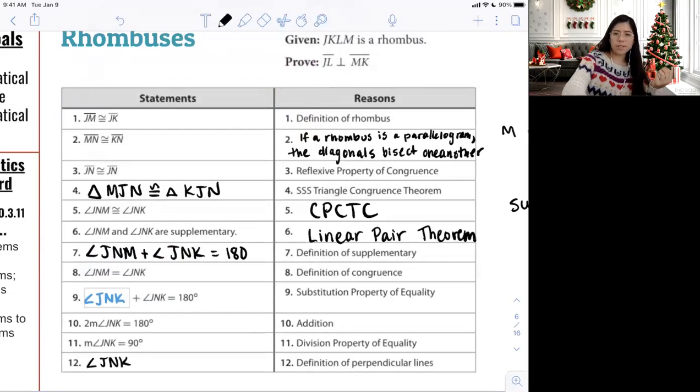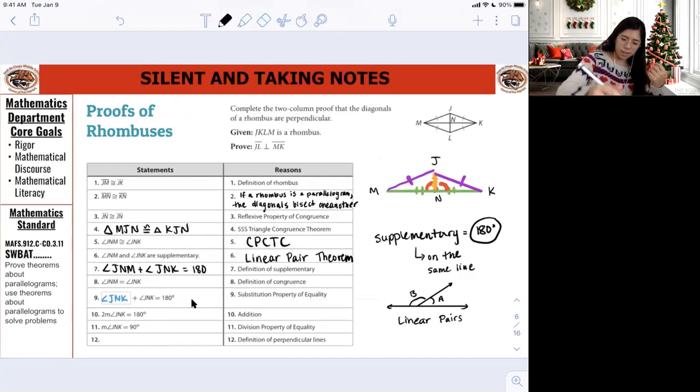Let me see how they want us to write this one. Oh, it's just that they're perpendicular. So now we're proving that JL is perpendicular to MK. We got there eventually. We are done with this one.